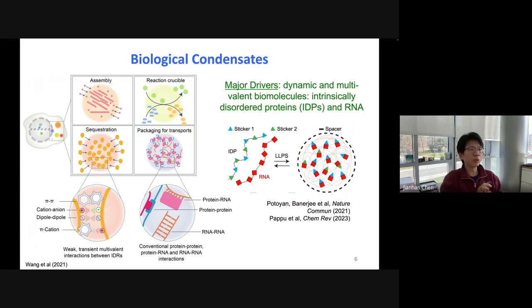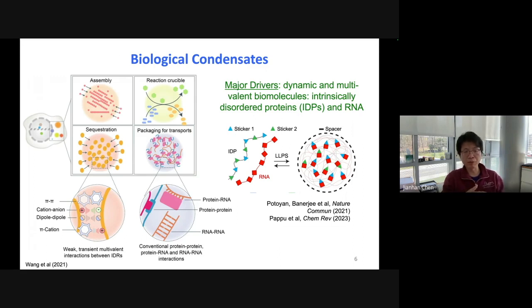Absolutely. So the properties of the condensed phase are a topic that is under really intensive investigation. People initially thought, because in early work, in Hyman and Lawson's early work, we see that these cellular bodies are liquid-like. But now it's pretty clear that these are not classical Newtonian liquids. These are really viscous liquids that have complex material properties.